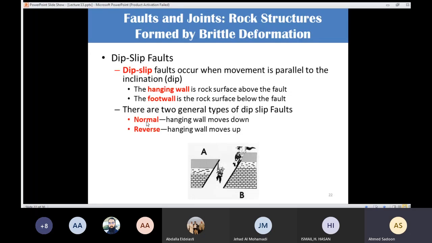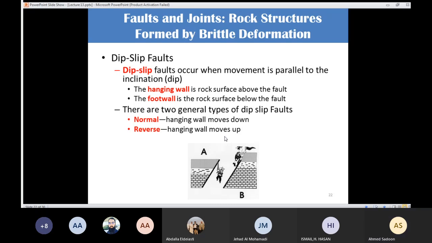We have the normal and we have the reverse. If it's normal, then the hanging wall is going to move down. If it's reverse, in that case, the hanging wall is going to move up.